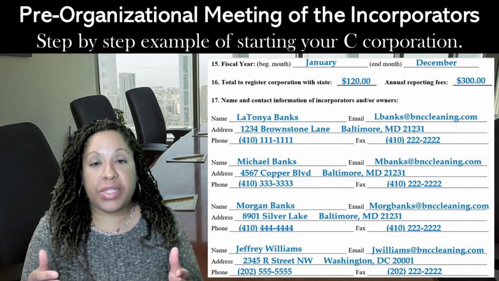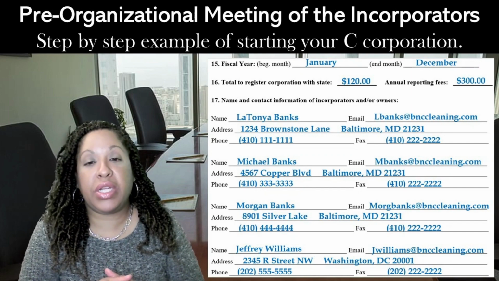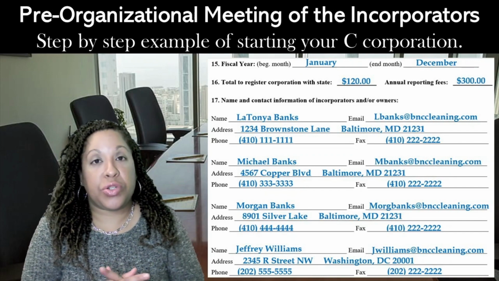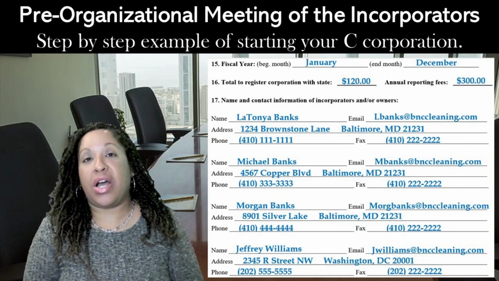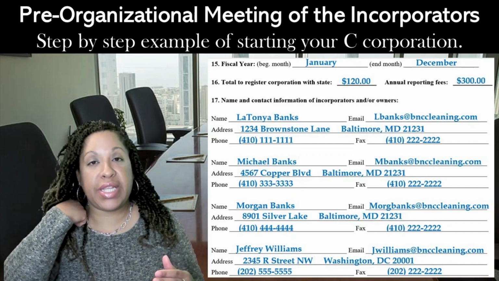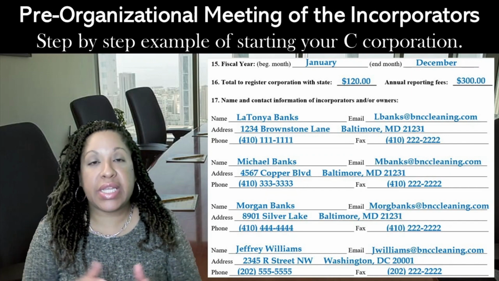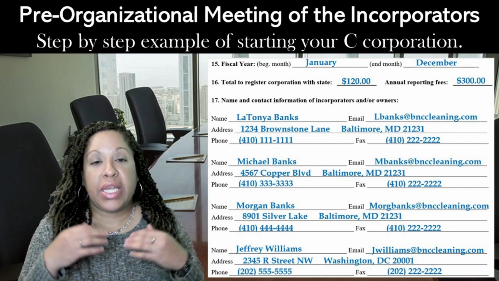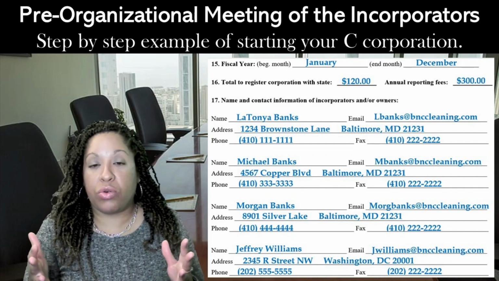But for the cost to form or register your corporation in the state of Maryland, the initial cost is $120. And then every year you have to pay $300 to file your annual report to the state in Maryland for your corporation.